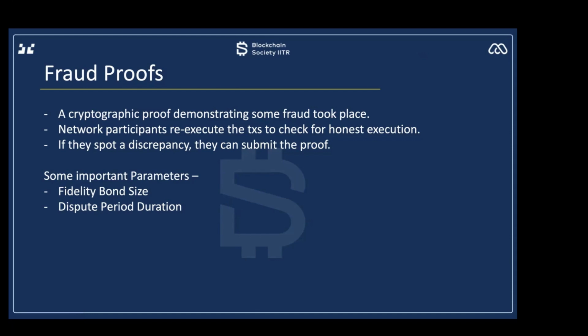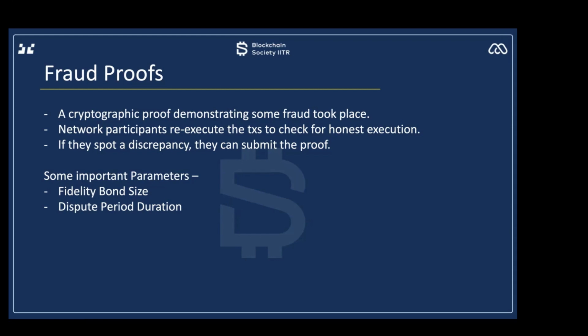Here, whenever a verifier raises an issue, the verifier will provide some fidelity bond in terms of whatever tokens have been decided by the layer 2 rollup, and after that, he'll raise the issue.